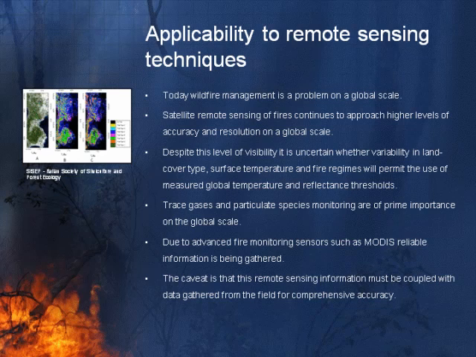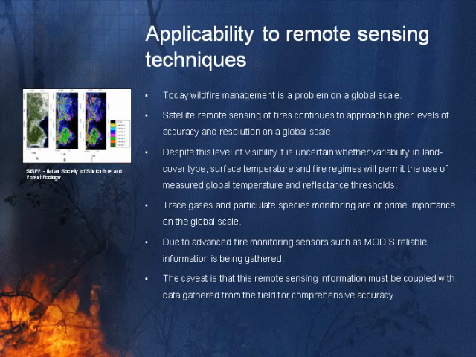Okay, one of the ways you input information into a model, like Rothermel's model, is you use remote sensing. Nowadays, you can find where a forest fire is using satellite technology. Today, wildfire management is a problem on a global scale. Satellite remote sensing of fires continues to approach higher levels of accuracy and resolution on a global scale.